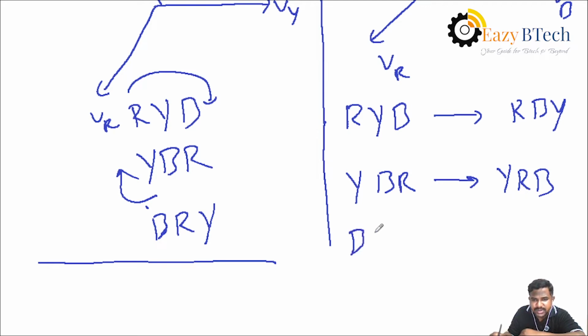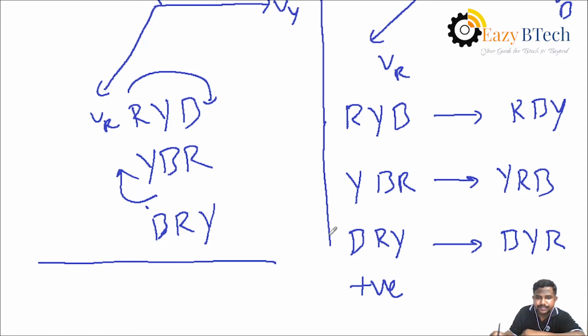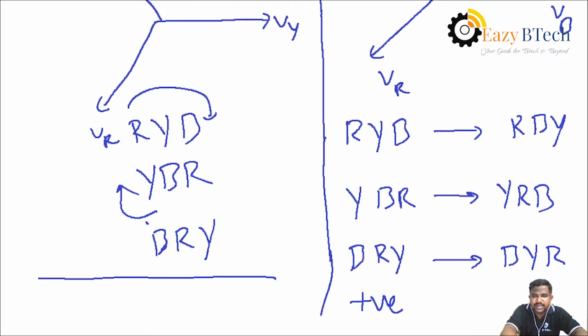Suppose the positive sequence is BRY, then any two phases, that is BYR, will be changed. Then these are called the positive sequences and these are called the negative sequences. Okay, if the order of any two phases is disturbed, then that is called the negative sequence. Okay, this is the complete positive phase sequence about the three phases.